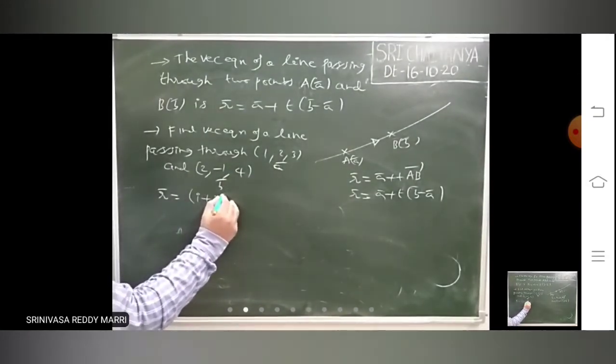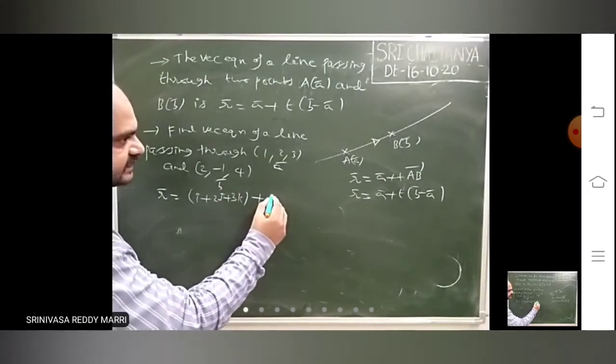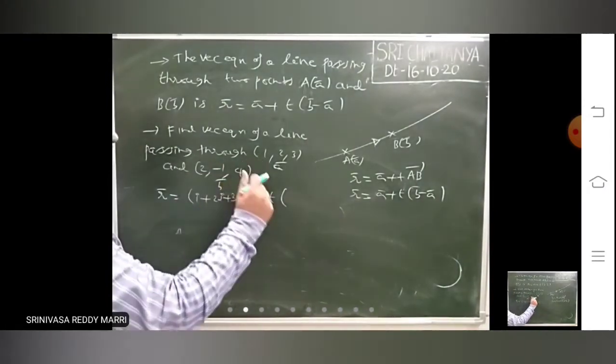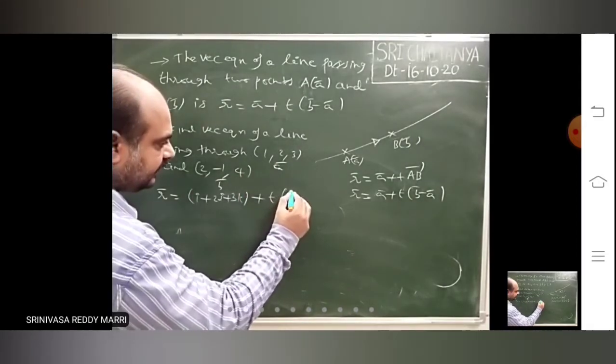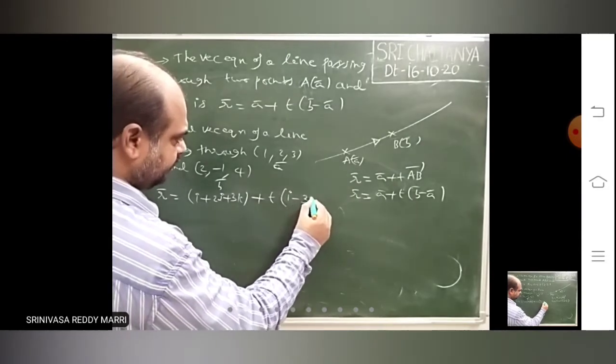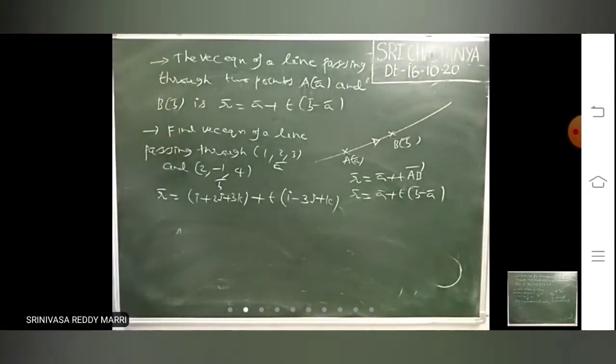I plus 2j plus 3k plus some scalar t into B bar minus A bar, means this minus this. 2 minus 1 means I, minus 1 minus 2, minus 3j, 4 minus 3 means k. This is the line.